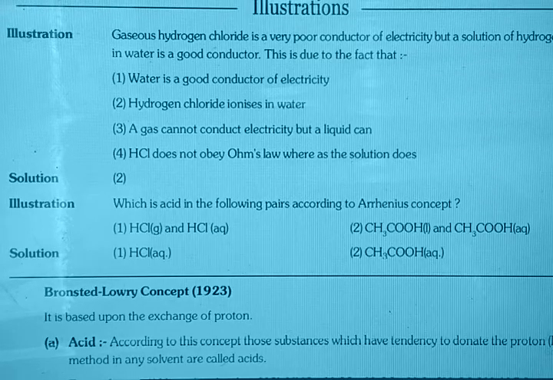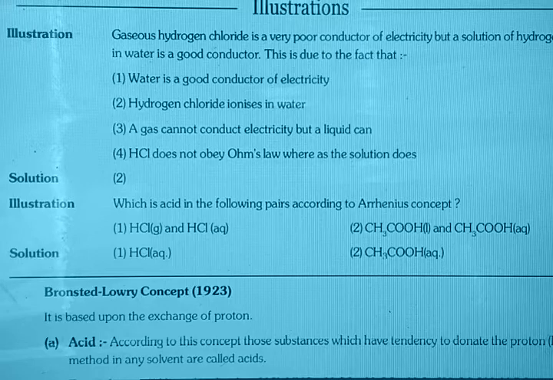So this was the first question. The second question is, which of the following pairs are acids according to the Arrhenius concept? You can see here HCl aqueous and HCl gas, acetic acid liquid and acetic acid aqueous.